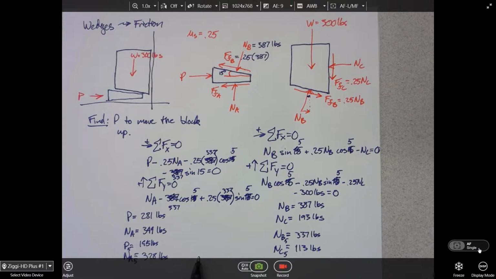Because to overcome the friction, you'd need to push harder. Why do you think 0 would be good, Brendan? Because then it's really slippery and you could just slide it right under there. Okay. Let's try it. Let's see what happens.